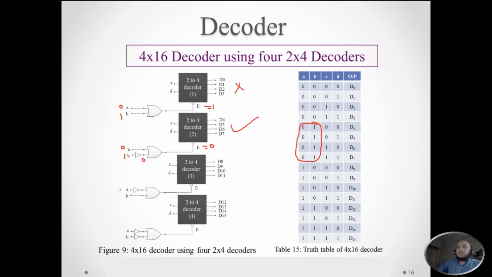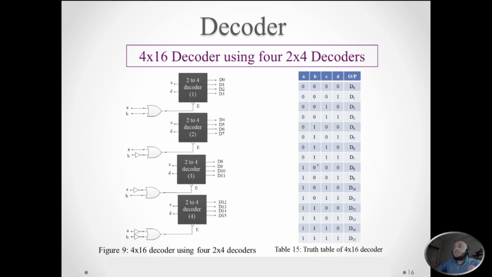For 0 1 here, this becomes 1, so the OR gate is getting 2 ones, and for that reason this enable pin is 1 and this decoder won't operate. Here also for 0 1, one of the inputs, which is A prime, is 1, so the output of this OR gate will be 1 and this decoder won't operate.